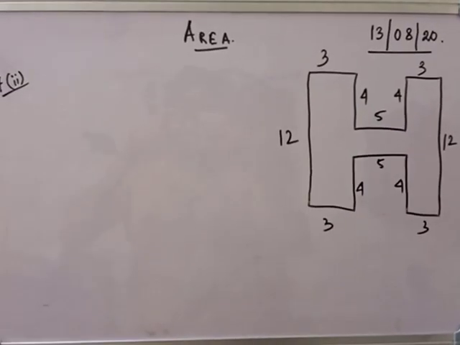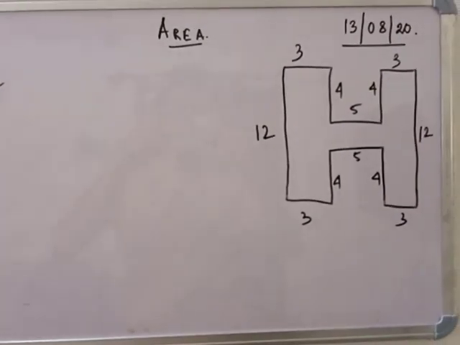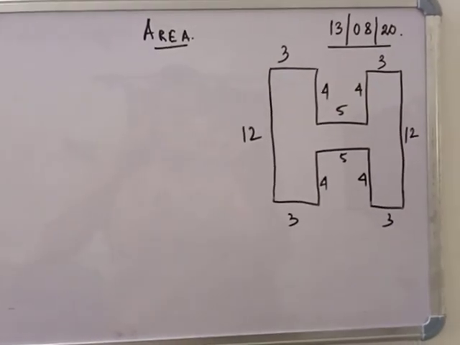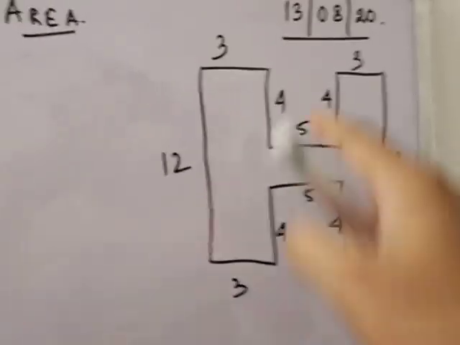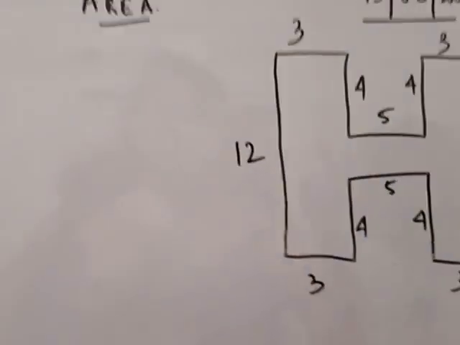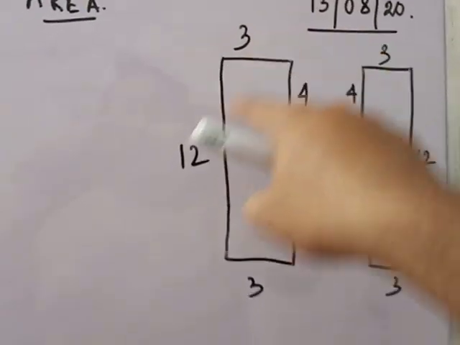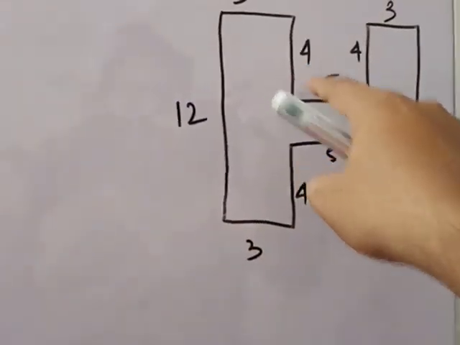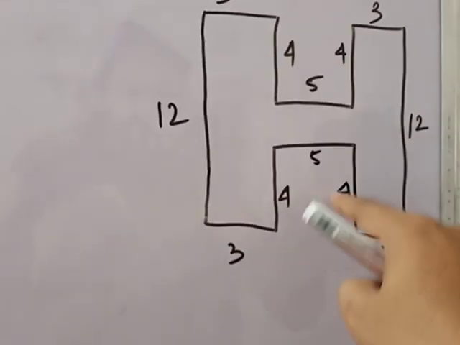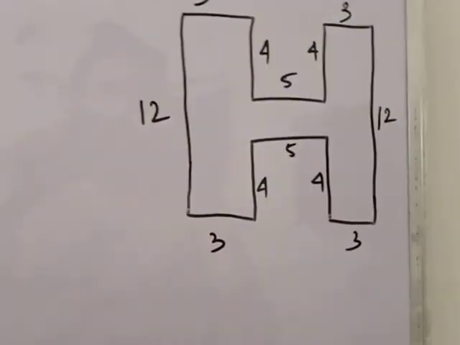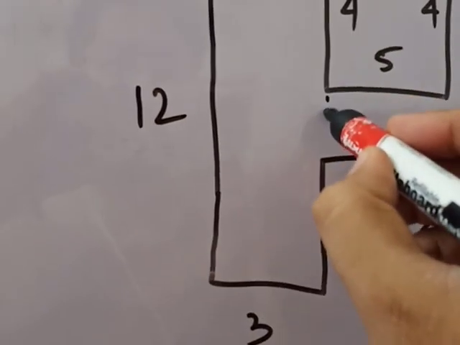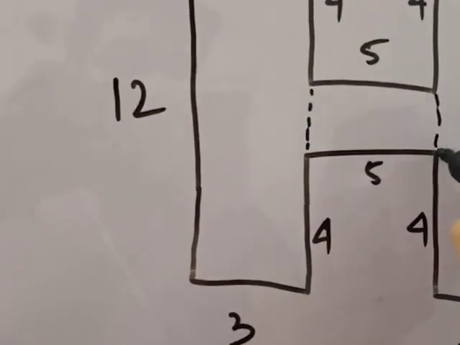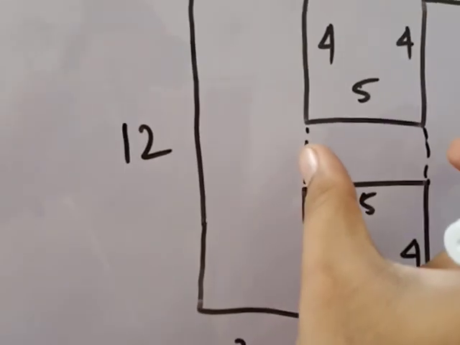In 7.2, see that one more figure is given. This looks like a big H. Here all numbers are in centimeter: 3, 12, 3, 4, 4, 5, 5, 4, 4, 3, 3 and 12. So we divide this into 3 figures. We draw a dotted line here, so this one is a rectangle.